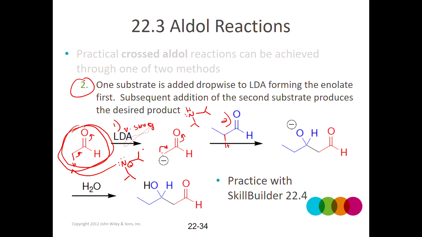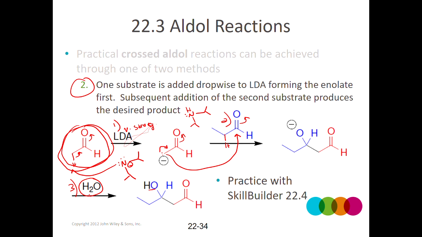So I form the enolate first with a very strong base that shifts it 100% forward. Then I add the electrophile so that can attack and push electrons up. And then I would add some kind of proton source to protonate that and give me the alcohol or aldol product. So that would be step 3.